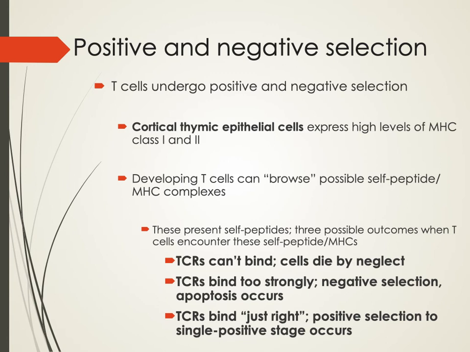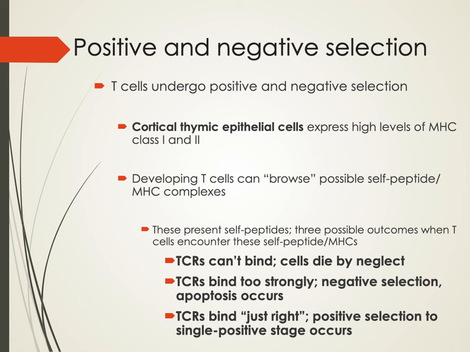So I would just say that the caveats here are that some T cell receptors aren't going to be able to bind. So again, those ones are going to undergo neglect because they're not going to have any kind of stimulation because they aren't able to bind to those MHCs. Okay, then you have the ones that are going to bind too strongly.